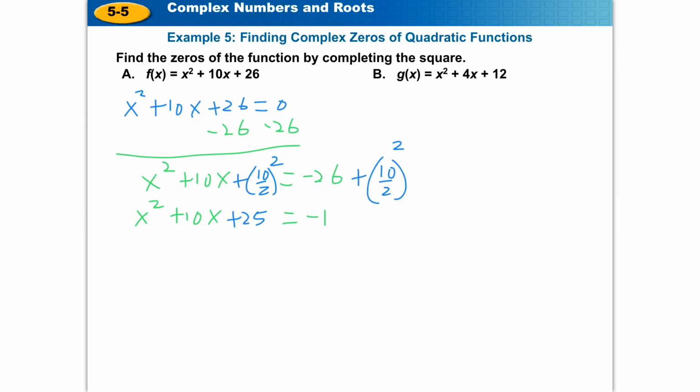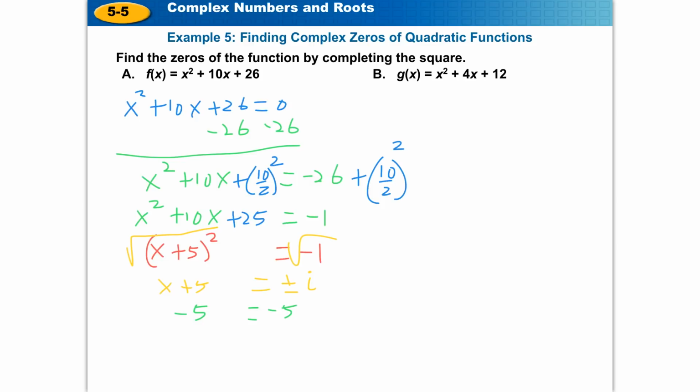So now that we've created the perfect square trinomial, we can use the shortcut to factor. And then when we solve this, we take the square root of both sides. So the square root of x plus 5 squared is x plus 5 equals the square root of negative 1, which is going to be positive negative I. And last step, just subtract 5 and we'll be done with this problem.